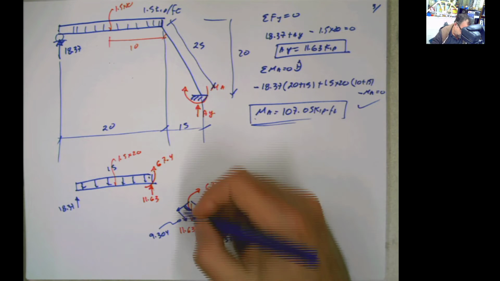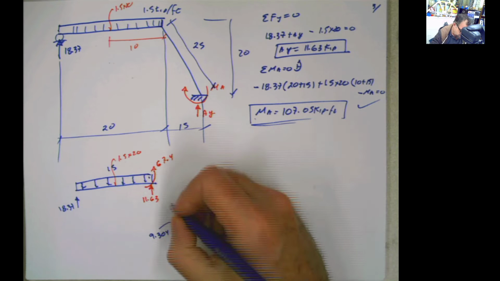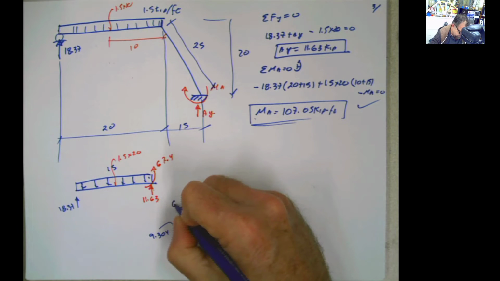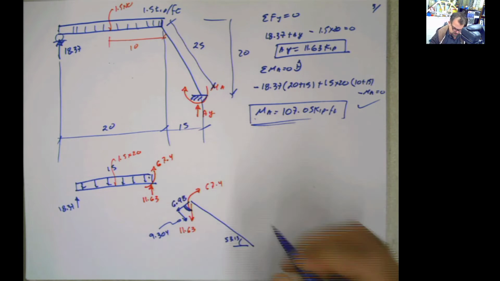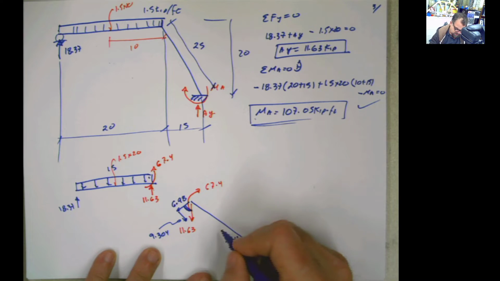So this value is 0.6 times 11.63, which is 6.98, right there.